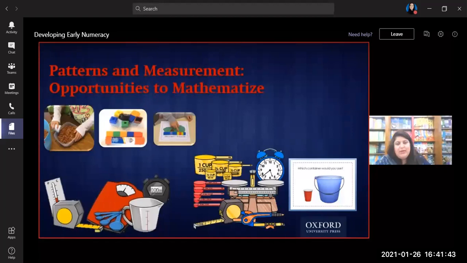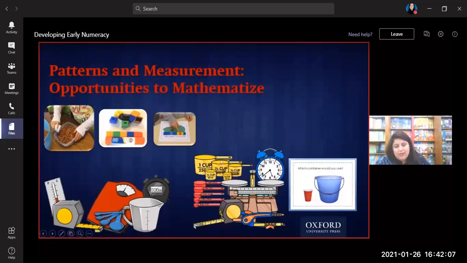Gradually, we'll be introducing them to the standard units of measurement, and as you can see, they are just comparing which container would you use to measure a certain amount of water. If the water is less, then this cup would be important. If we are to measure a large quantity, then this bucket would be important.